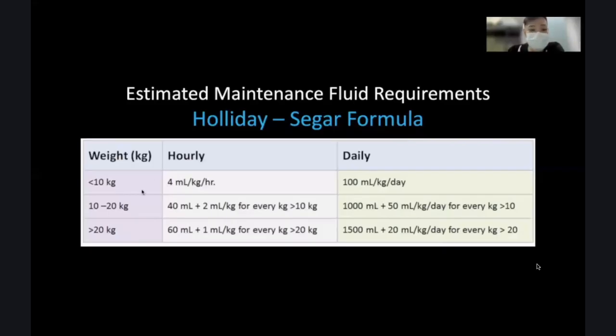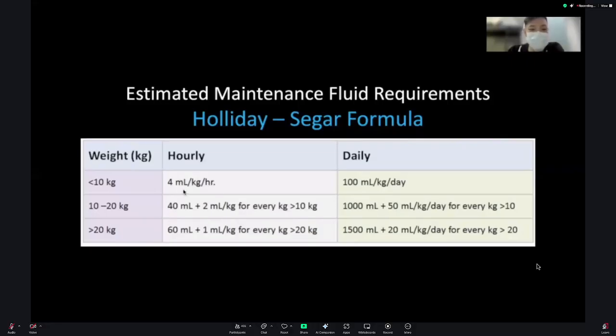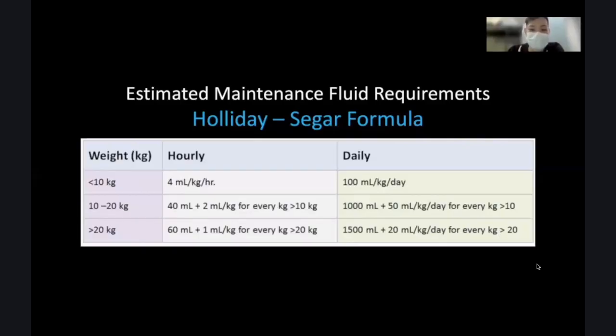For the first 10 kilogram, you multiply, sorry. Yeah, for the first 10 kilogram, you multiply 4 ml per kilogram per hour. Then, no, baliktad.